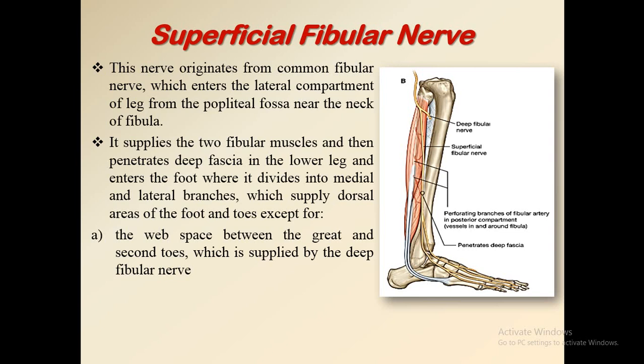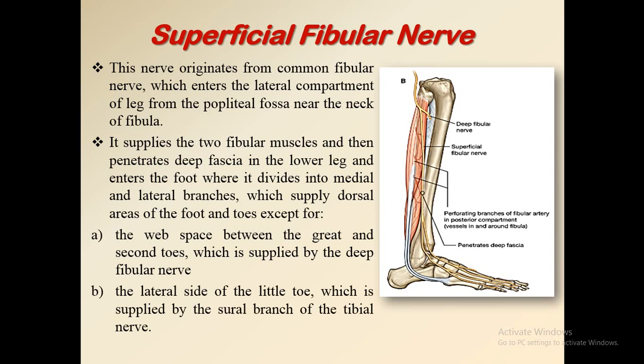But not all the skin on the dorsal surface of the foot; there are exceptions. The first exception is the first web space between great toe and second toe, which we mentioned is supplied by deep fibular nerve. The second exception is the lateral side of the foot, lateral side of the little toe, which is supplied by sural branch from tibial nerve. The rest is all supplied by superficial fibular nerve.